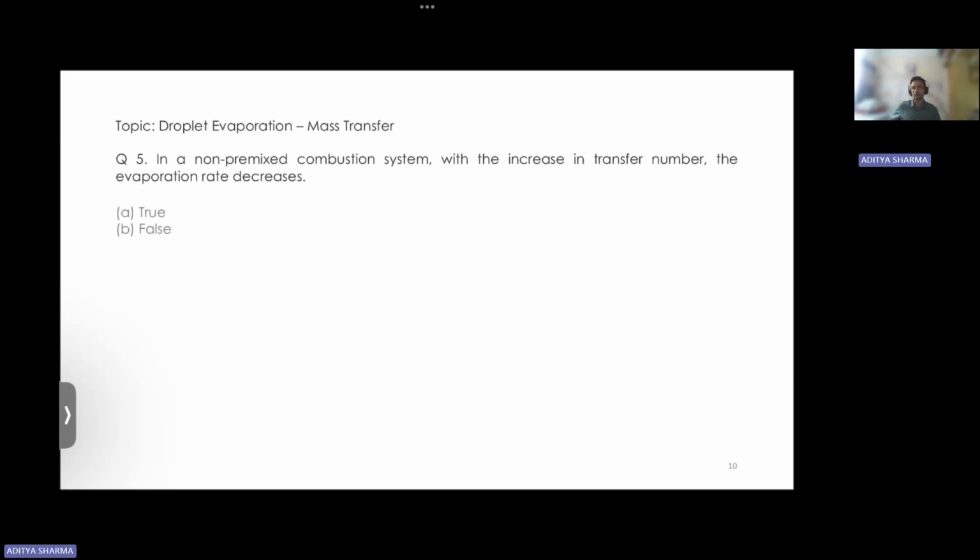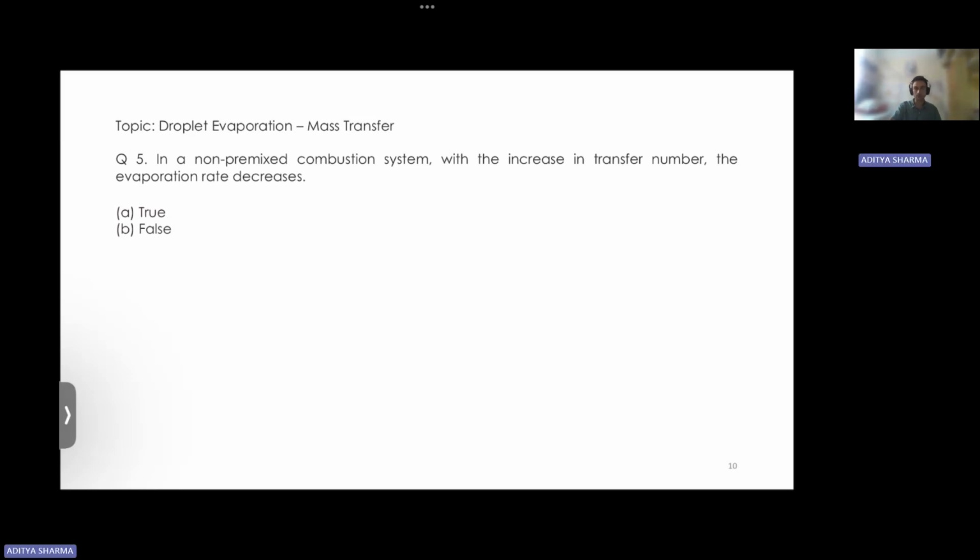It's a true or false type of question. Question number 5, which states that in a non-premixed combustion system, that is diffusion type of combustion system, where the combustion takes place in the diffusion of oxidizer and your fuel, with increase in transfer number, the evaporation rate decreases.